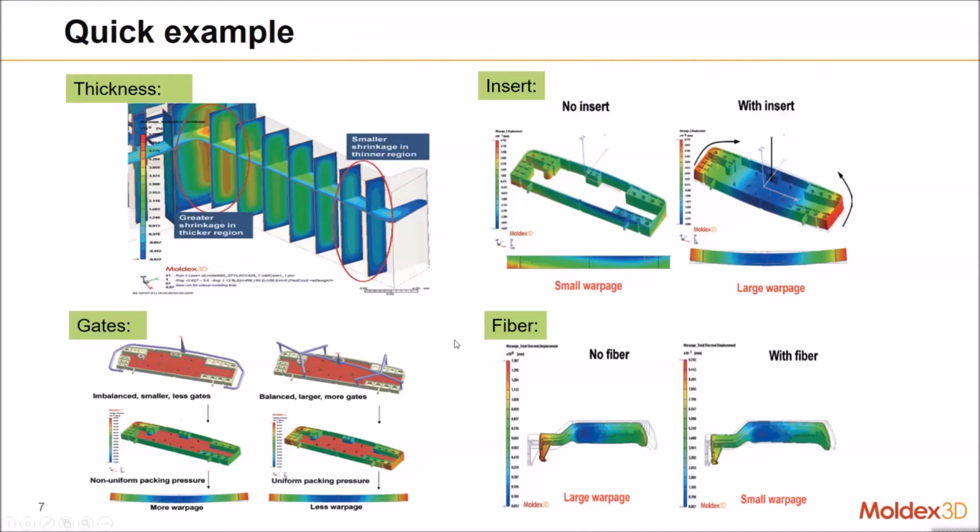And for the gates here, the original design has 4 gates, and the length from the sprue to the gates is not equal in each. Because the gates are small, the packing effect generated from each gate is different and leads to a serious warpage problem.